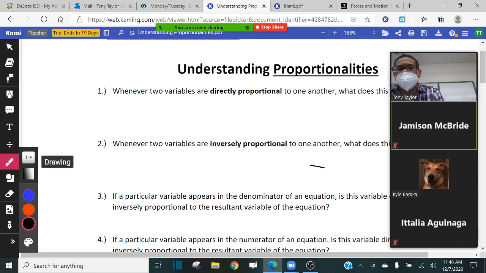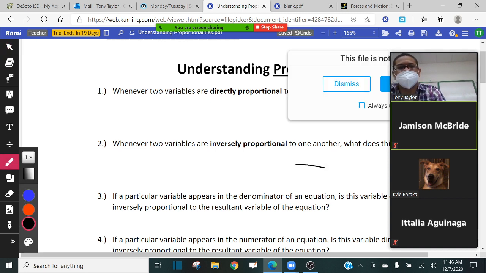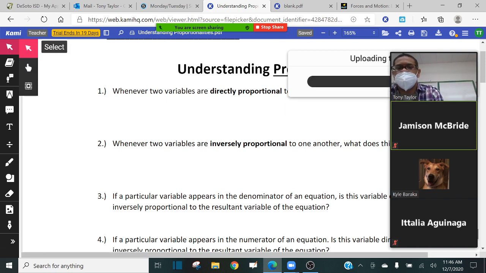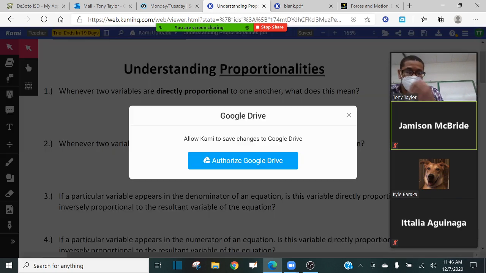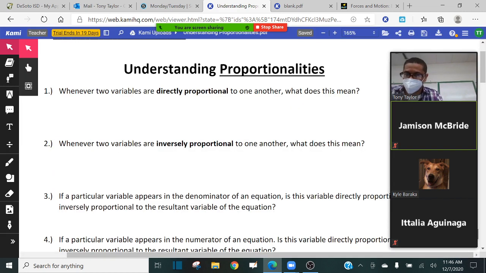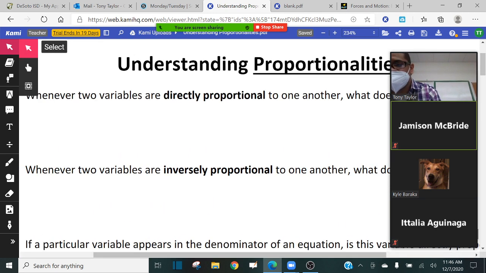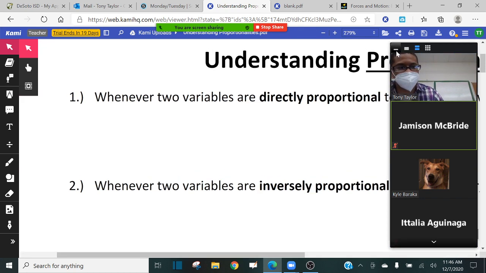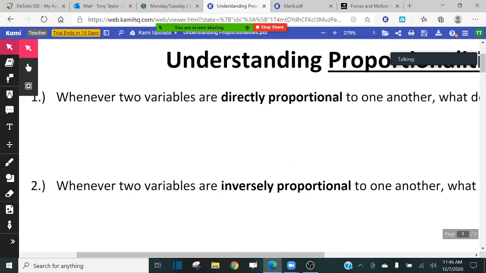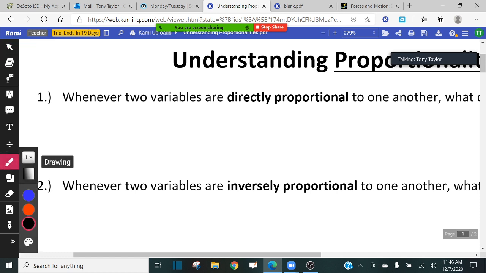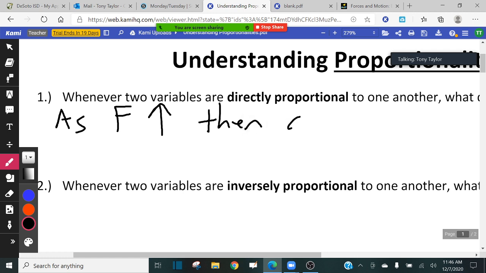What does it mean whenever two variables are directly proportional? What that means is that as one variable increases, the other increases. As one variable decreases, the other decreases. So, for example, consider this right here. We already know that as force goes up, then acceleration must go up.